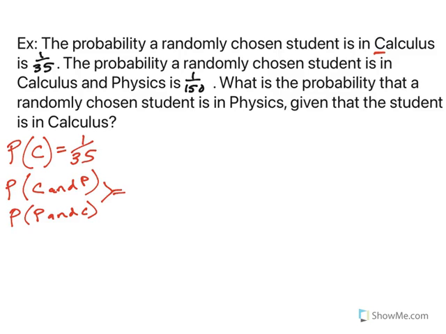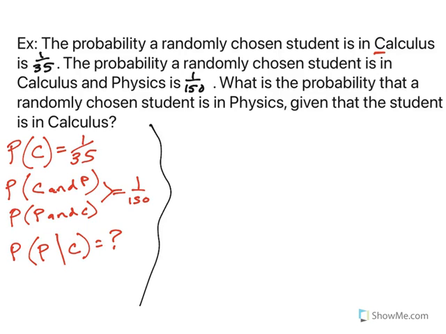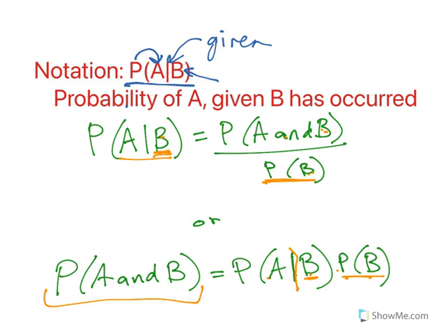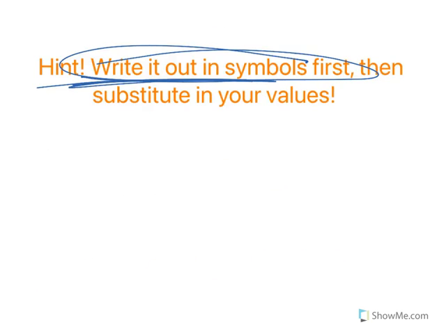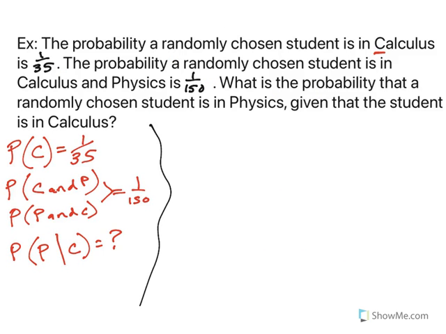Because it's an and, both are happening, is 1 out of 150. What is the probability that the randomly chosen student is in physics given that the student is in calculus? This is what we are trying to find out, okay? So write this out because then you can say, okay, I know I can use this formula for that. So let's go ahead and write out that formula.